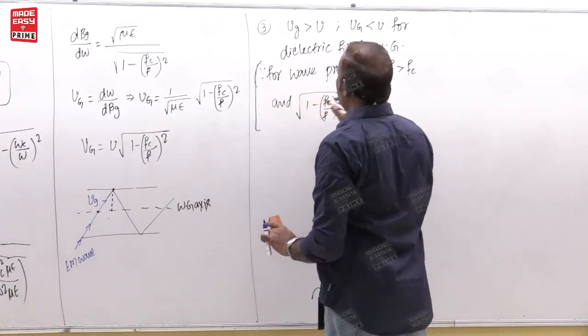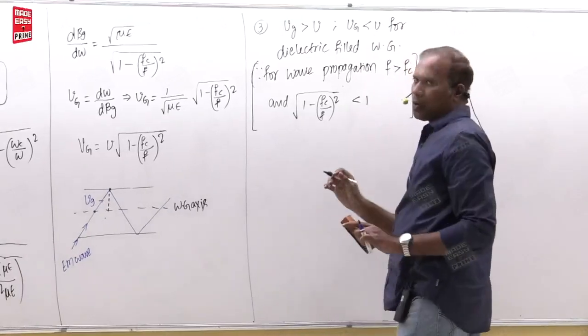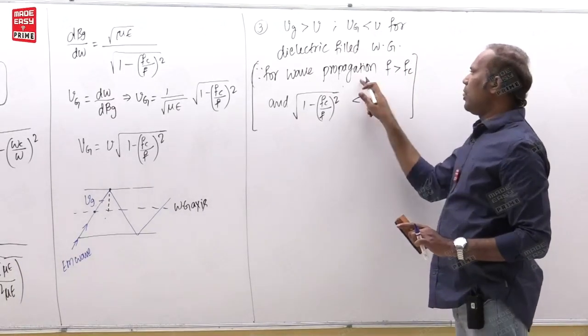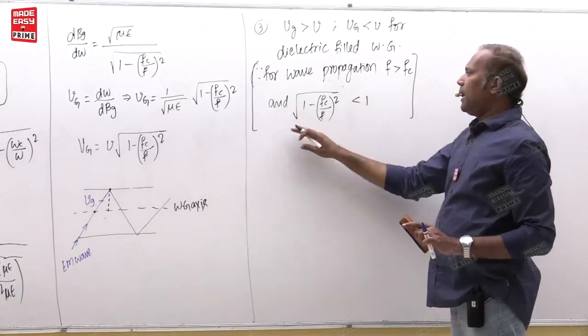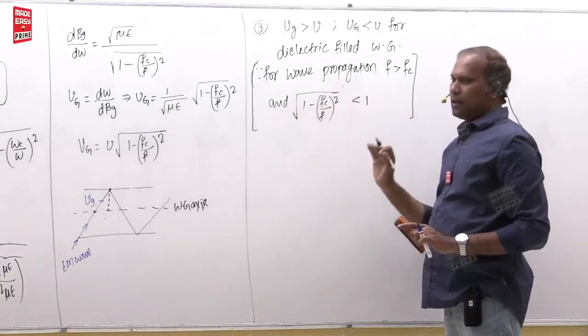This is the point you have to remember for the entire chapter. For wave propagation, f greater than fc, and this factor is always less than 1.